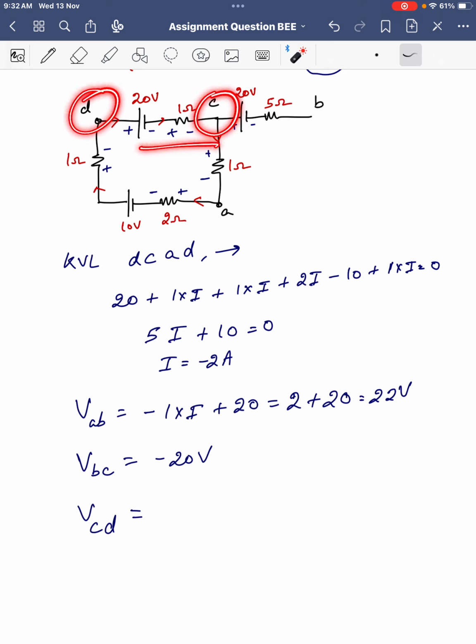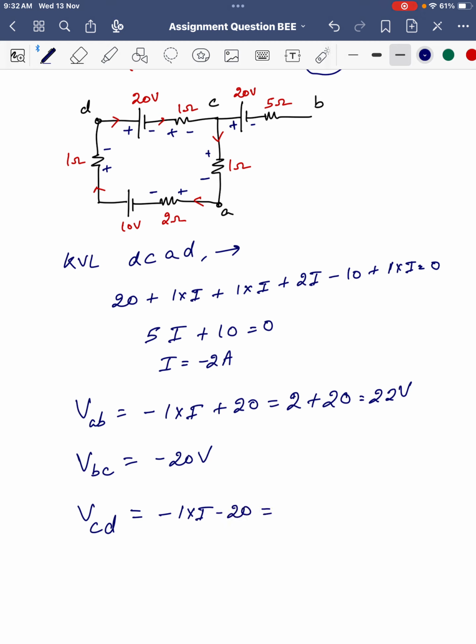VCD, C is here and D is here. Move in this way. You get minus first, then minus again. So we can write minus of 1 into I, minus of 20. So current is negative, so this will be 2 minus 20, that is minus 18 volts.